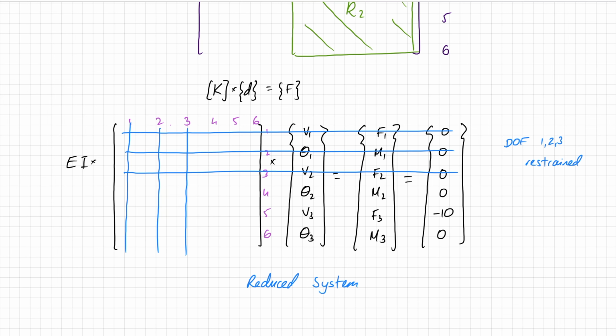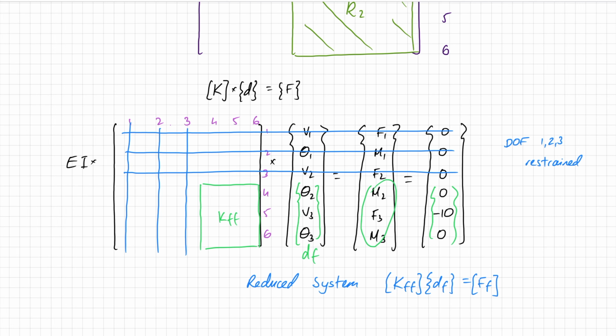If you can recall that from the lectures, that is KFF times DF, so the free displacements and rotations, and that equals FF. This, what is left here, this bit of the matrix is KFF, this bit here is DF, and this bit here, which is also the same as this bit here, is FF. And that is what I need to solve.